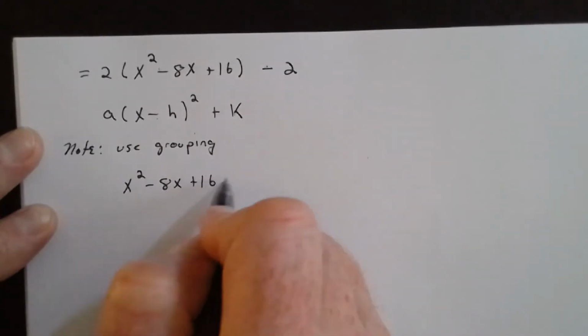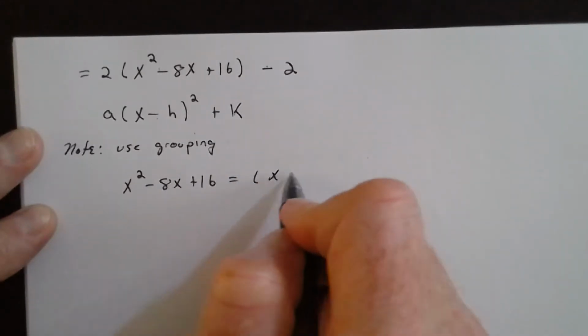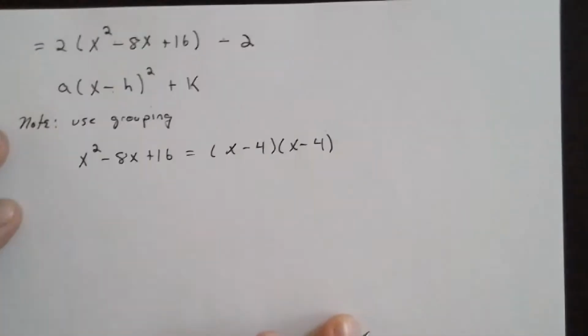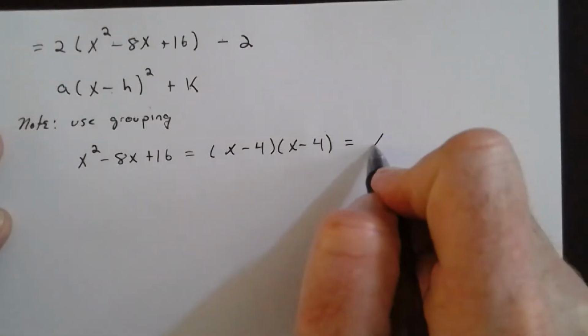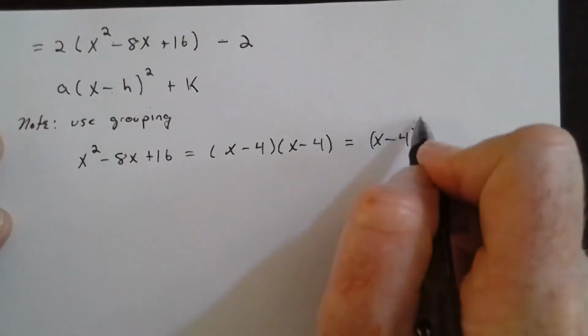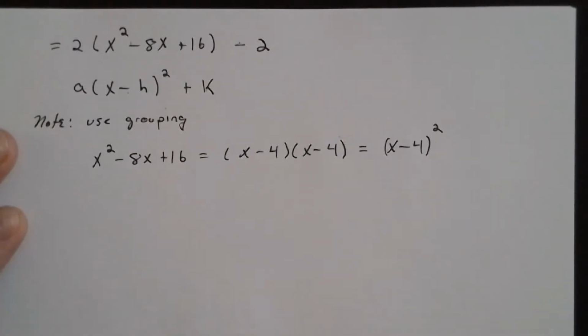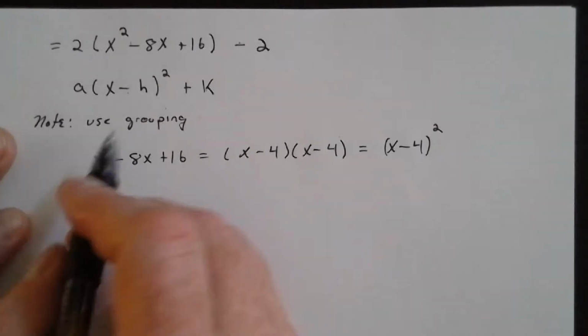It'll be X minus 4 squared. So we have it now, and so now we can plug that back in.